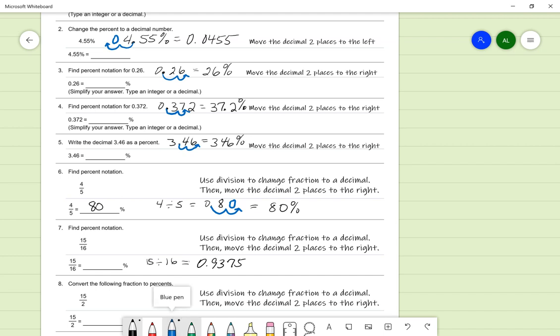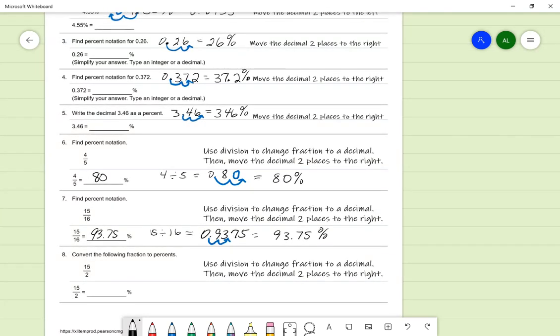Now that we have the decimal, we need to convert that decimal to a percent by moving the decimal 2 places to the right, 1, 2, and that's between the 3 and the 7, which converts to 93.75%. So 15 over 16 is equal to 93.75%.